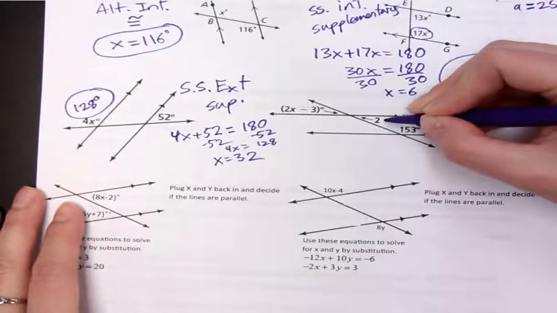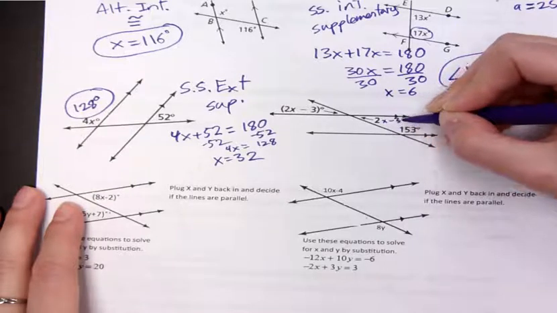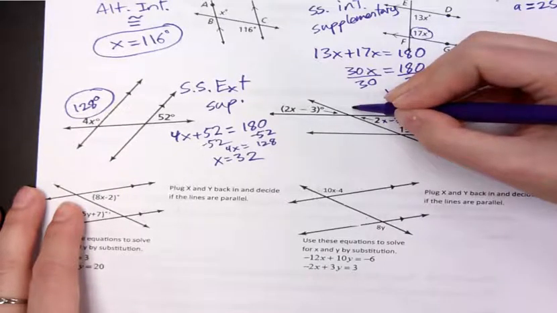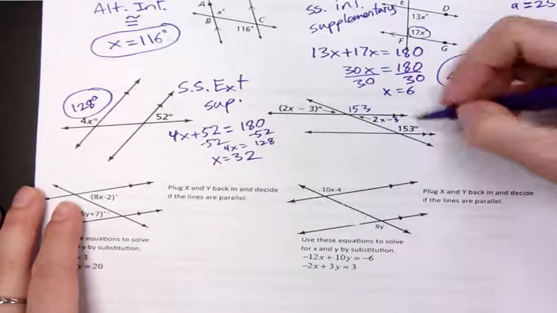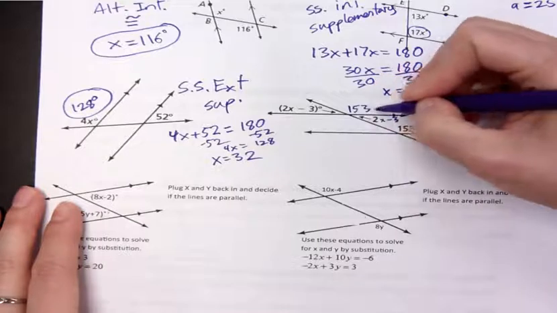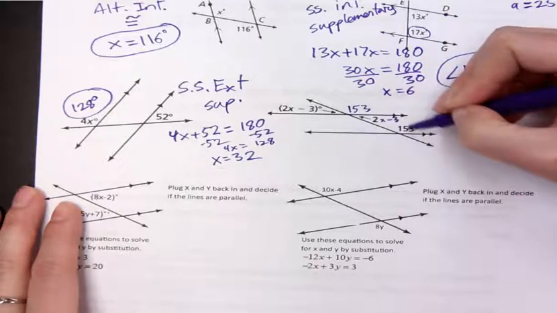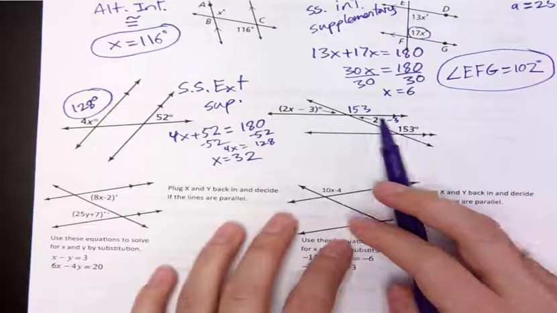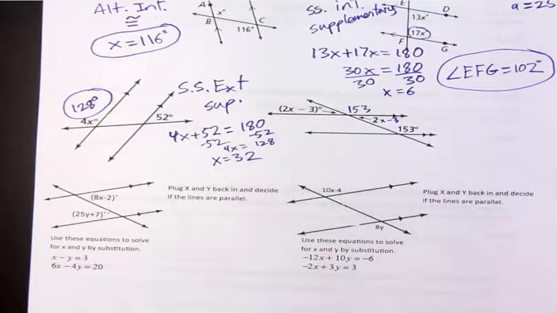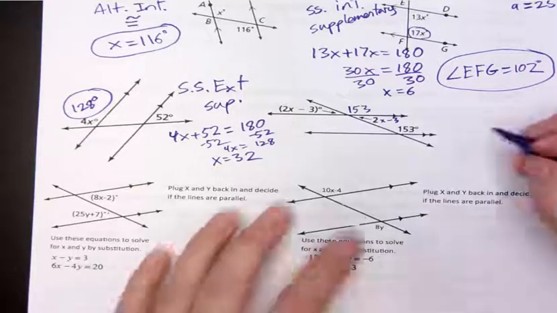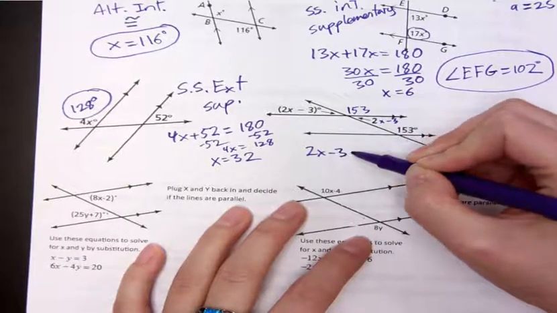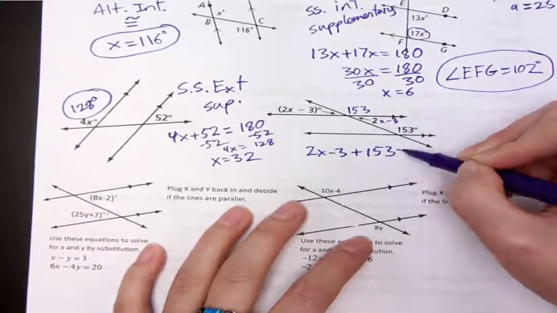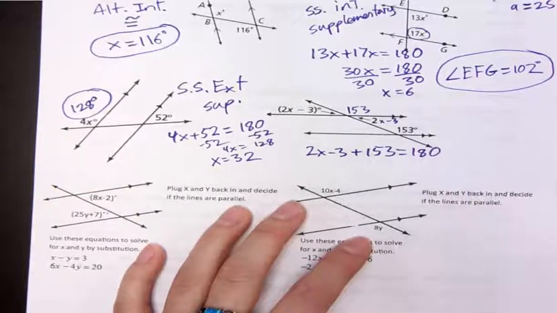Also 2x minus 3. If this is 153, what's the top here? 153. So even though that's not a specific angle pair, I can still set up my linear pair, or my same side interior if I copy it over here. Any angle pair there is still going to come out to either supplementary or congruent. And so I still set it up as 2x minus 3 plus 153 equals 180.